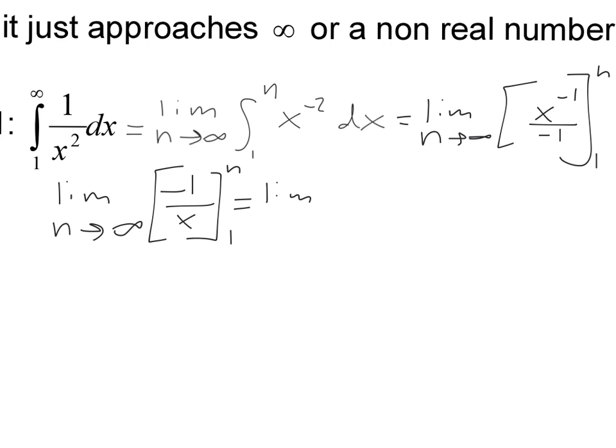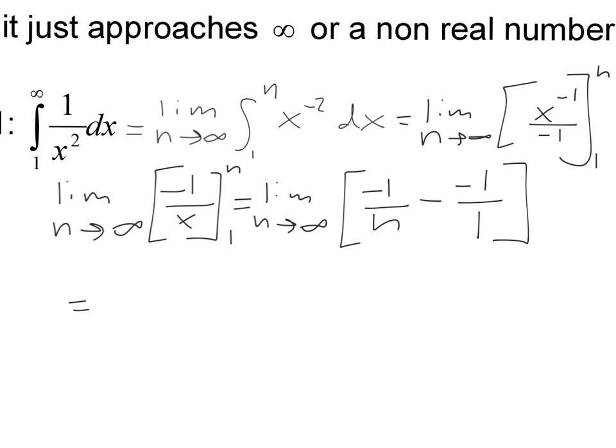Okay, so one more time, limit as n approaches infinity of, now I can go ahead and plug my upper and lower limits in, and I would call this -1 over n minus -1 over 1.